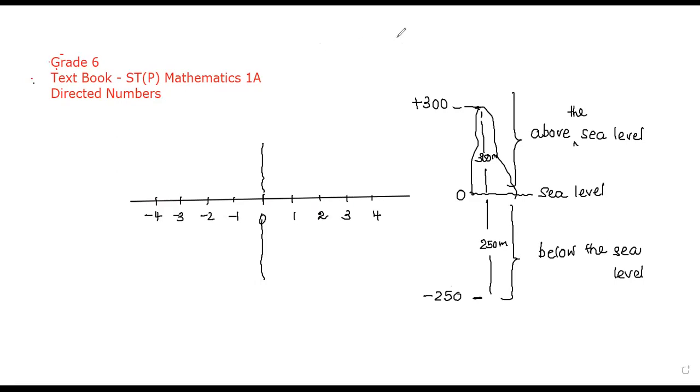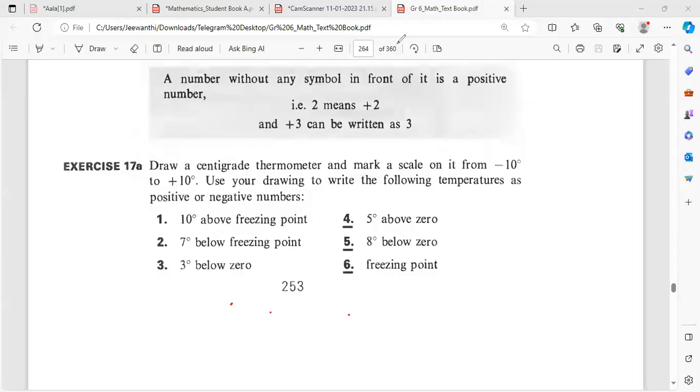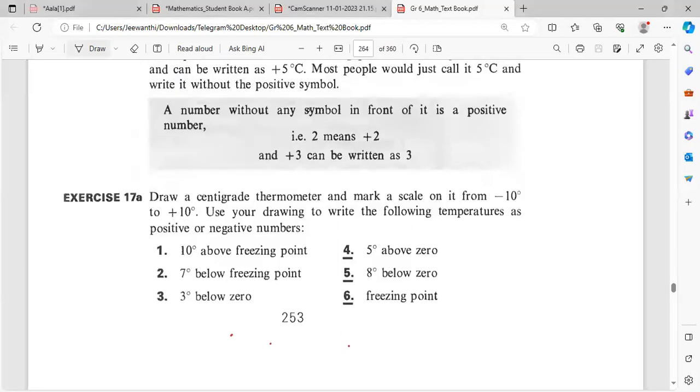For an example, go to your textbook content. I will take the first exercise. When you are writing the number 2, you know I am talking about positive 2. I don't need to mention the positive sign.